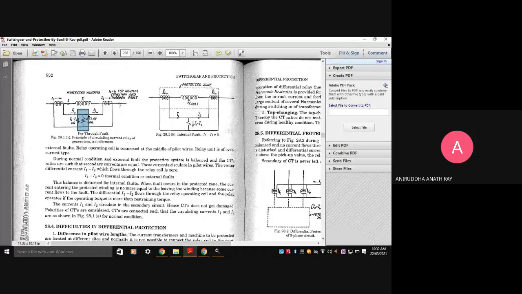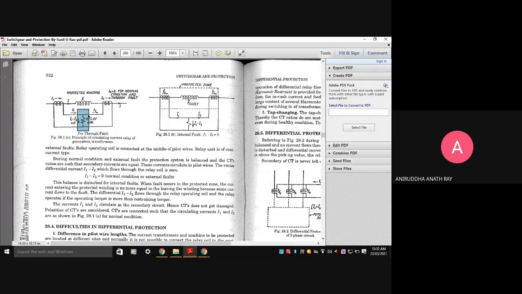I repeat: during normal conditions and external faults, the protection system is balanced and the CT ratios are in such a way that the secondary currents are equal. These two currents circulate in the pilot wires.